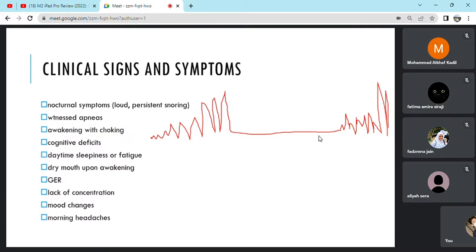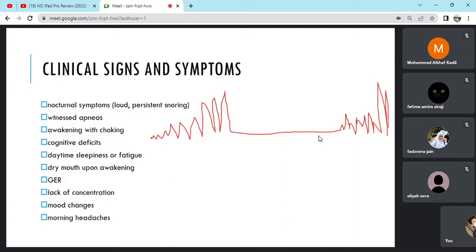O kaya kung hindi, what happens is that until such time as you have the highest snore, biglang titigil yung paghinga ng pasyente mo. Okay? And then after that, that's the time that they will have the choking or the gasping events. Okay? A very good thing about the thing that you see there is may pattern siya na ganun.